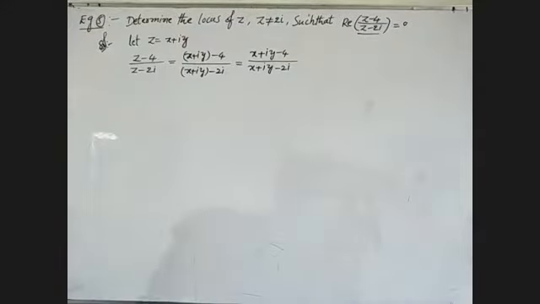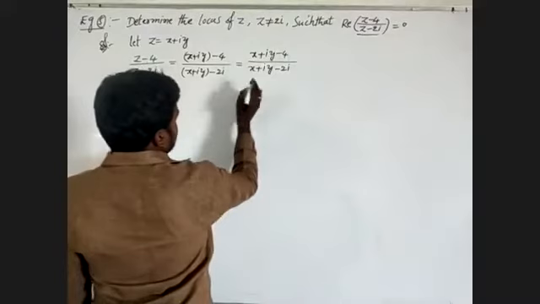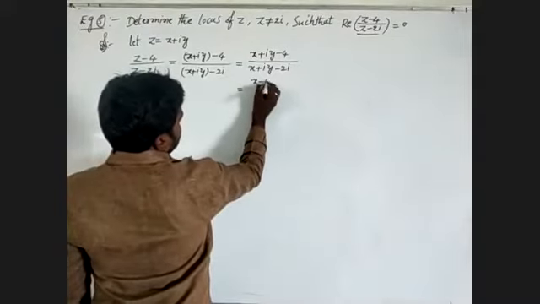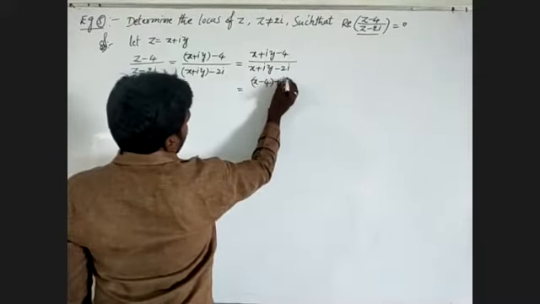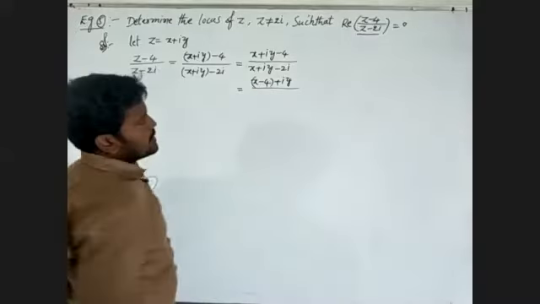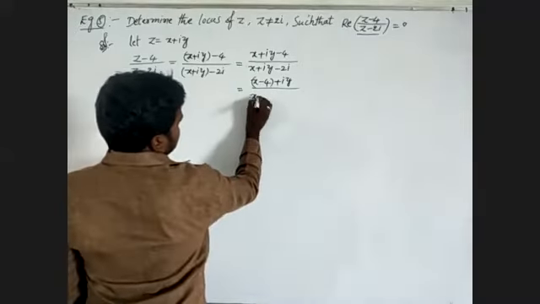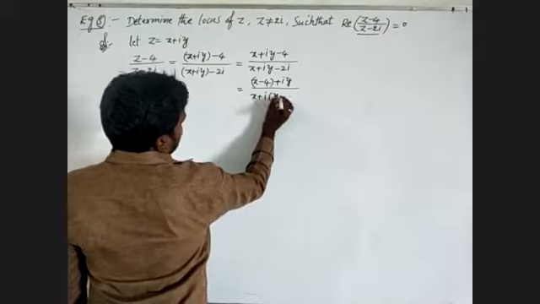We have to separate the real and imaginary parts. First we write x minus 4 plus iy, and the denominator must be written as x plus i into (y minus 2).